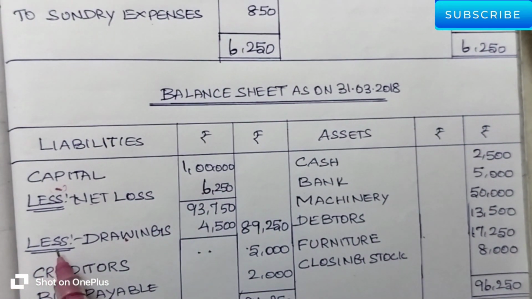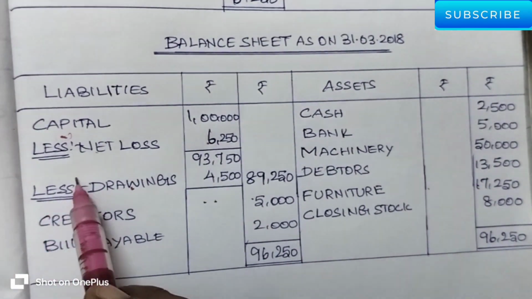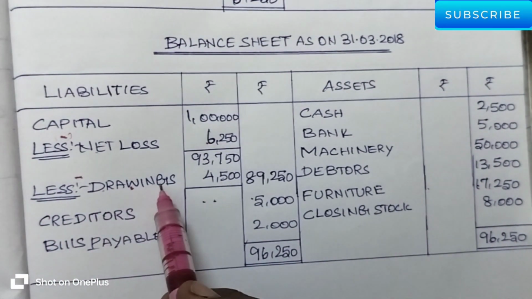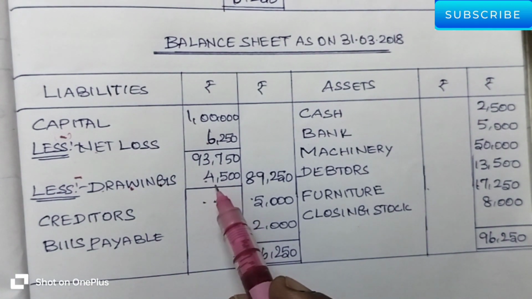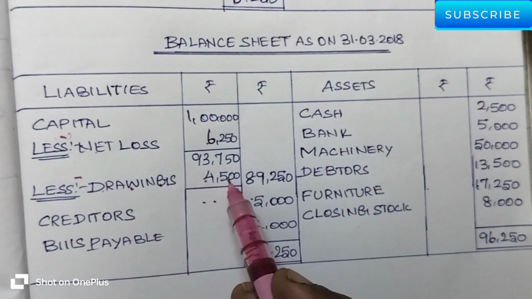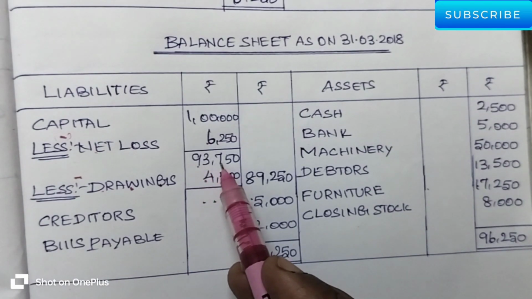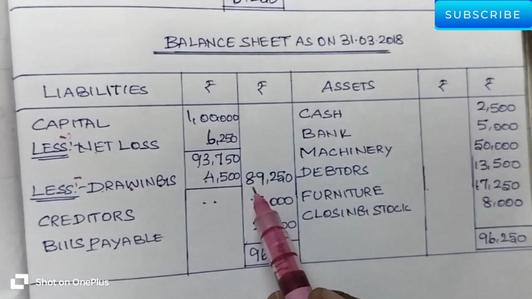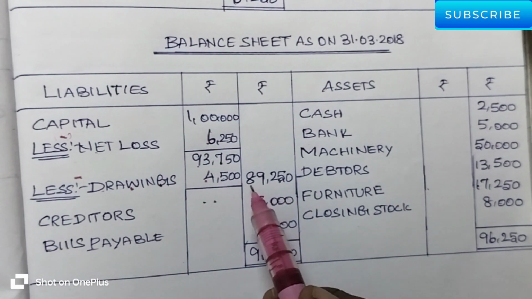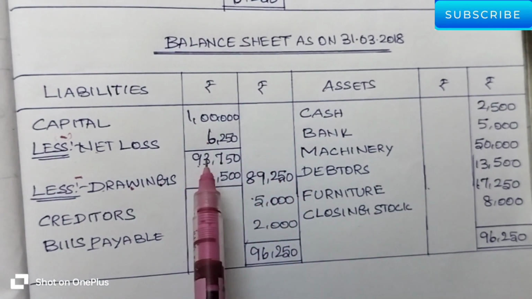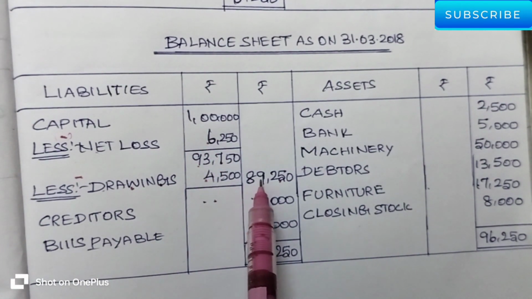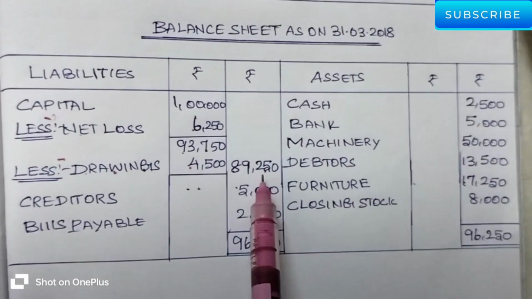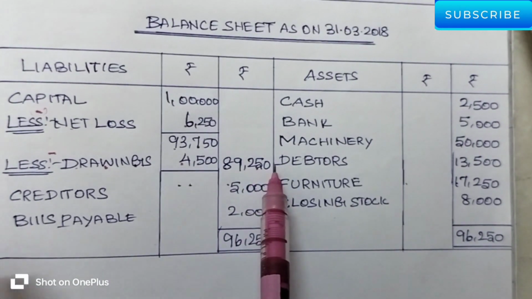So you have to write 'less' means minus drawings. How much? 4,500 rupees entered in the inner amount column. Then we have to minus 4,500 rupees from 93,750. You get 89,250. This is the net capital value. After all the calculation, finally you will get 89,250 rupees. You have to enter it in the outer amount column.